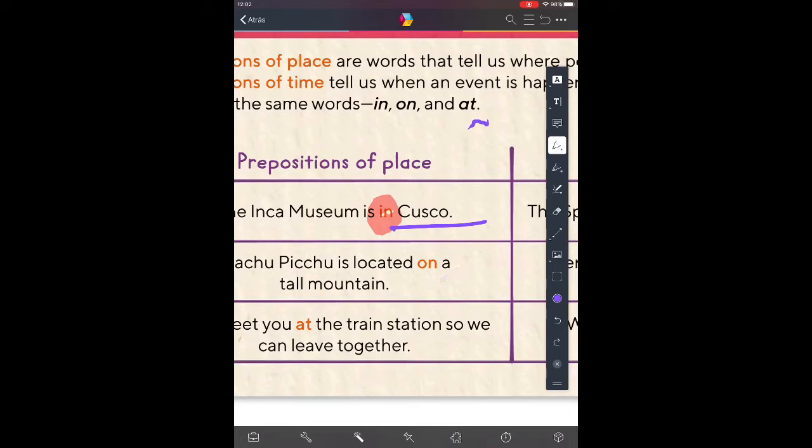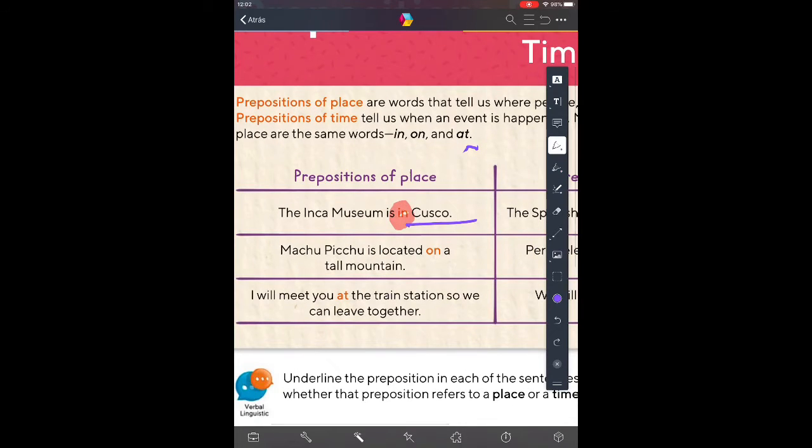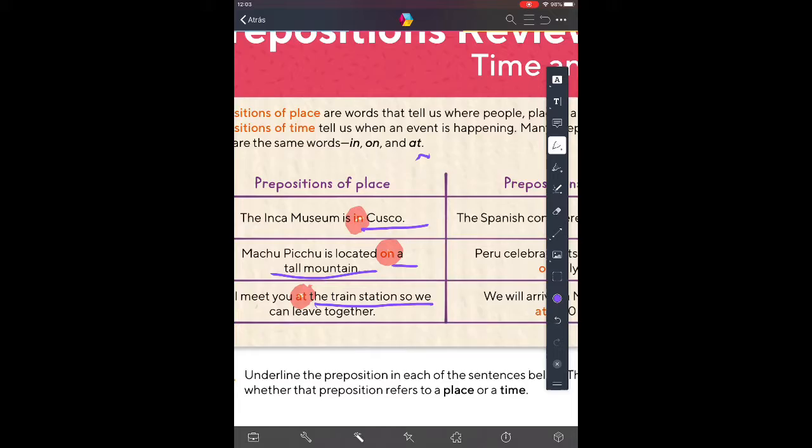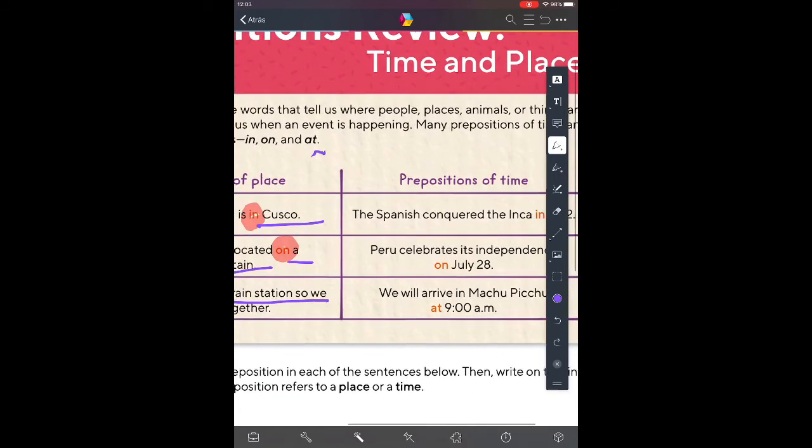Machu Picchu is located on a tall mountain. My preposition, and then it's talking about a place, on a tall mountain. I will meet you at the train station so we can live together. Preposition and the place.